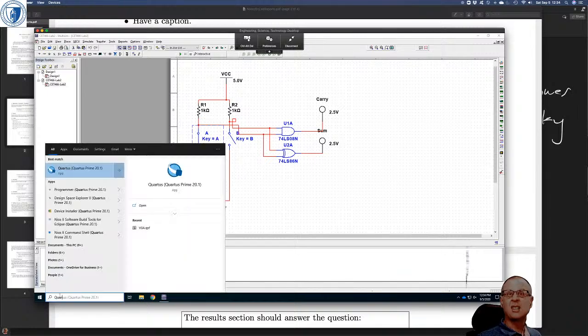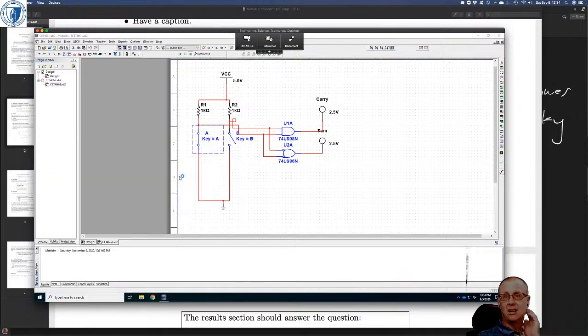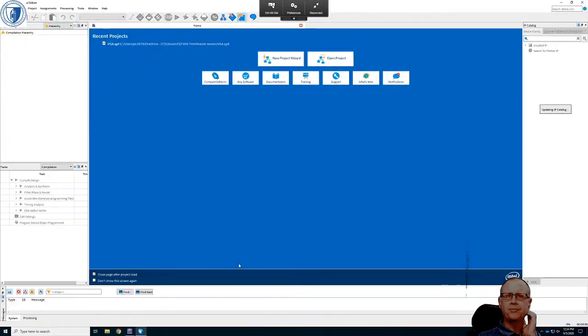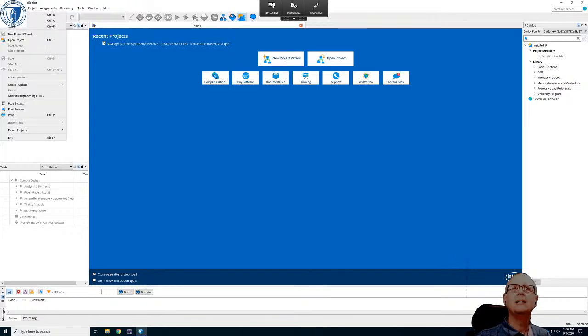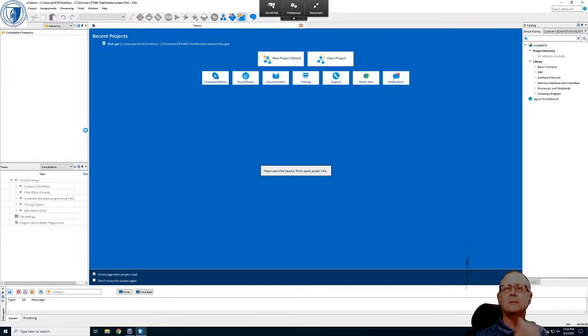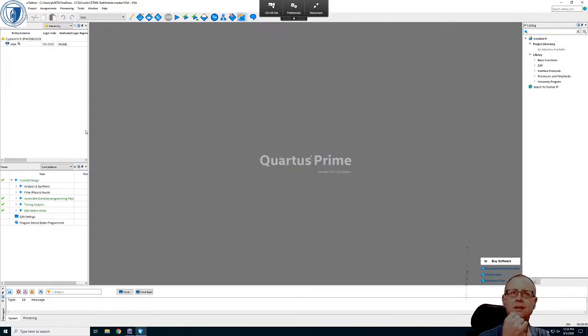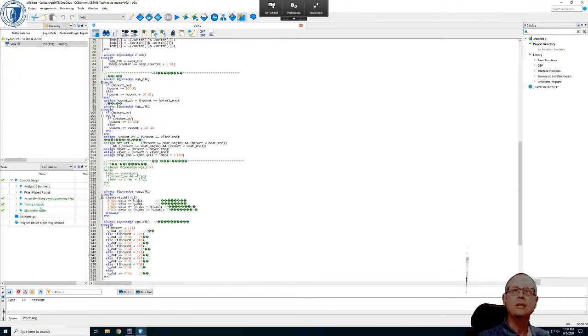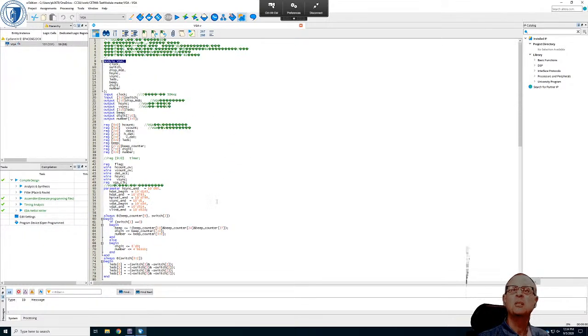So let's just, this is probably a bad example to use, but I'll use a Verilog example. This is the code that we compiled before, right?